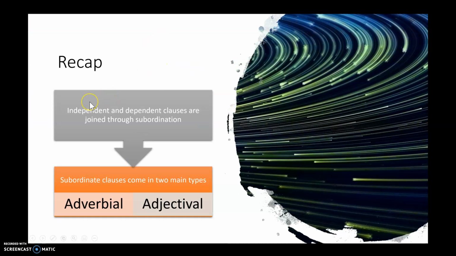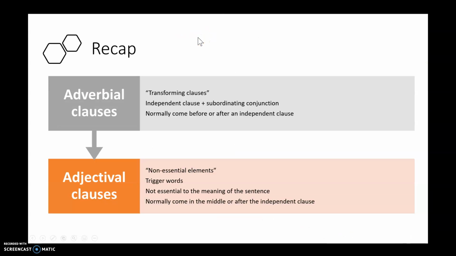So now I want to recap, because I know we've gone over a lot, and I just want to go back over it just to reinforce it. Independent and dependent clauses are joined through subordination. Subordinate clauses come in two main types, adverbial and adjectival. Adverbial clauses I called the transforming clauses, right? They're an independent clause that becomes dependent by adding a subordinating conjunction, and they normally come either before or after an independent clause.